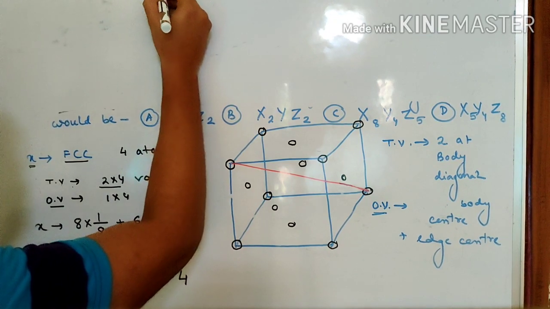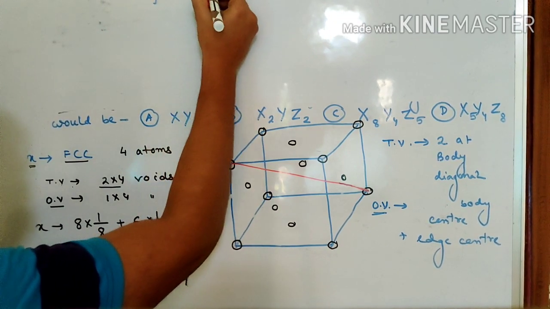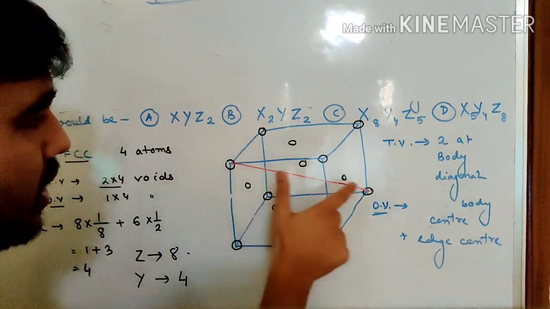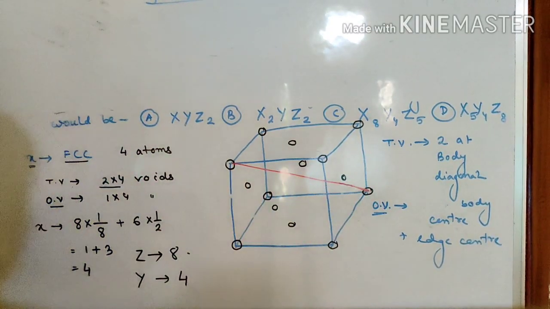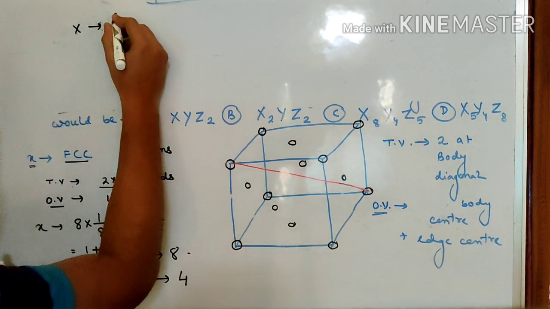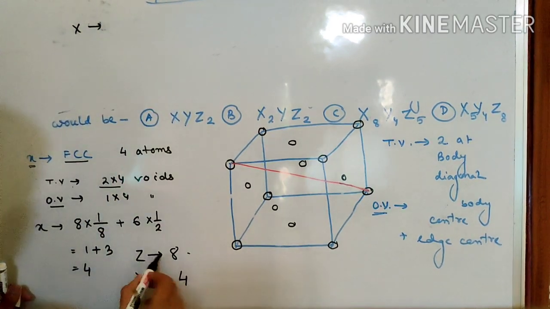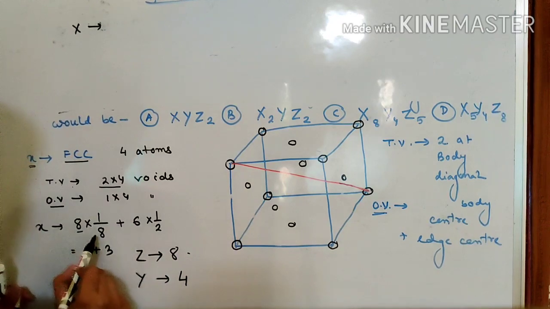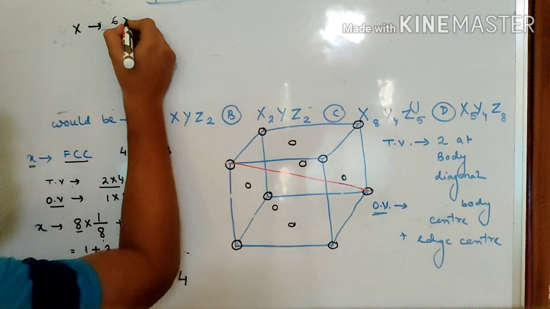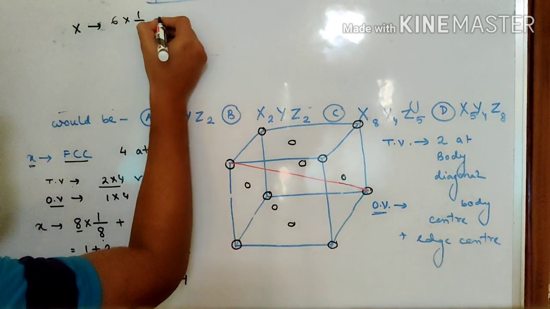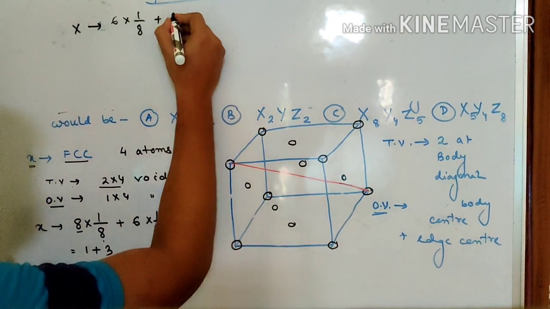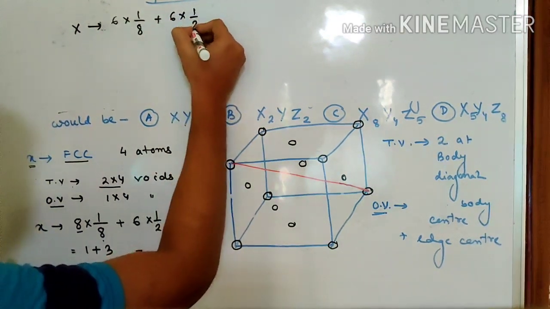So after removal, two X will be removed, which is present at the corner. So now the number of X that will be present: earlier there was 8 into 1 by 8, now 2 corner atoms will be removed, so it will be 6 into 1 by 8, plus the face center atoms will remain as they are, so it is 6 into 1 by 2.